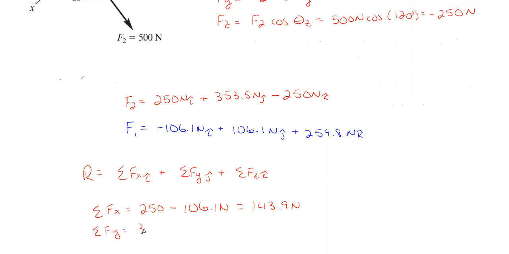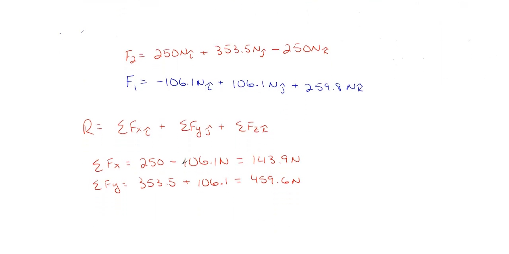So for the y, we have 353.5 newtons plus 106.1 newtons, and that gives us 459.6 newtons. All right, and then lastly, repeat that process for the z. Now we have minus 250 newtons plus 259.8 newtons, and that gives us 9.8 newtons in the z direction for our resultant force.